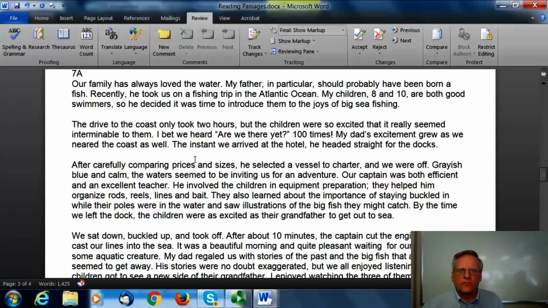I bet we heard, "Are we there yet?" 100 times. My dad's excitement grew as we neared the coast as well. The instant we arrived at the hotel, he headed straight for the docks. After carefully comparing prices and sizes, he selected a vessel to charter, and we were off, grayish blue and calm. The water seemed to be inviting us for an adventure.